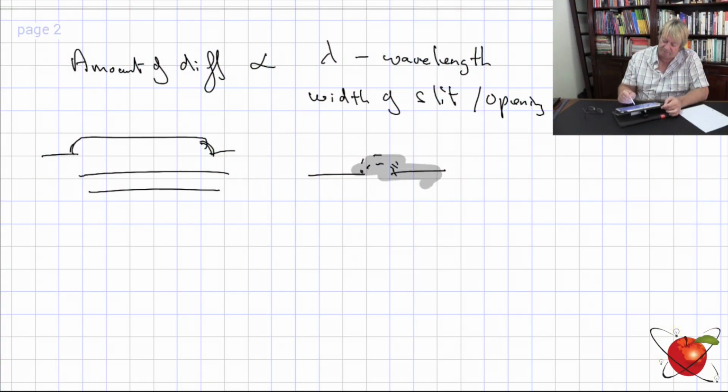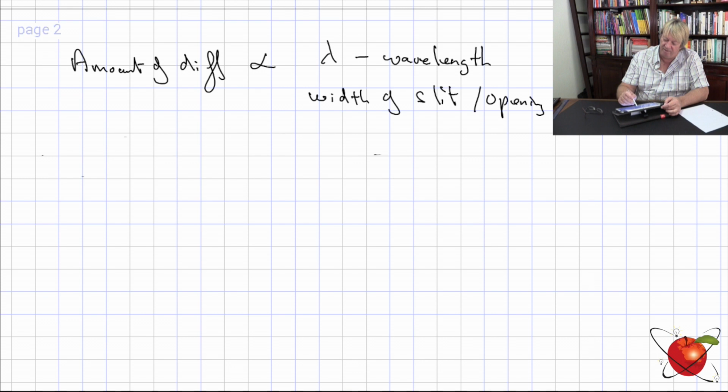Can you imagine if the wavelength and the width of the opening are the same? Now, obviously for light, that's a bit of a difficult problem. We know that the wavelength of red light is 650 nanometers, which is 650 times 10 to the minus 9 meters.